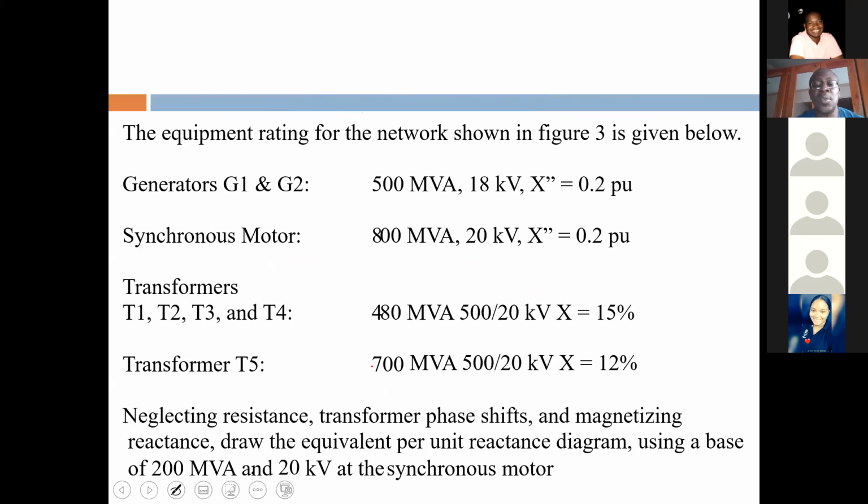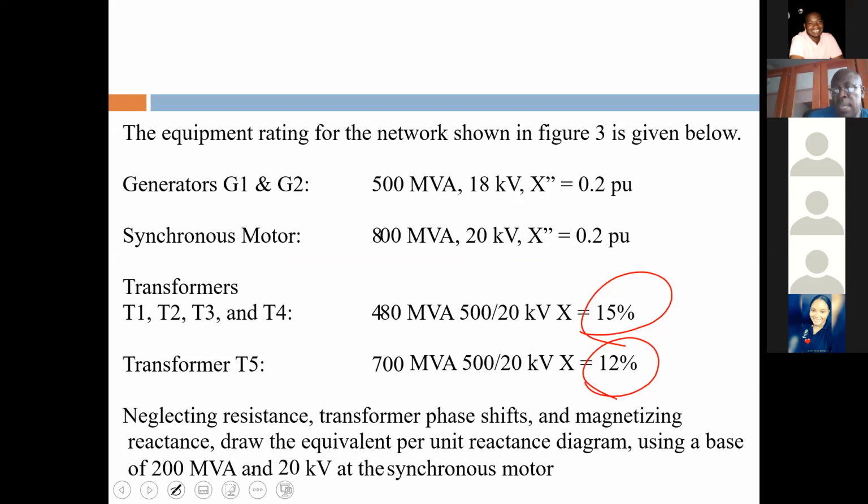In the question, just note, for the transformers, I've given them in percent, right? 15% and 12% simply means 0.15 per unit and 0.12, because percent simply means out of 100.